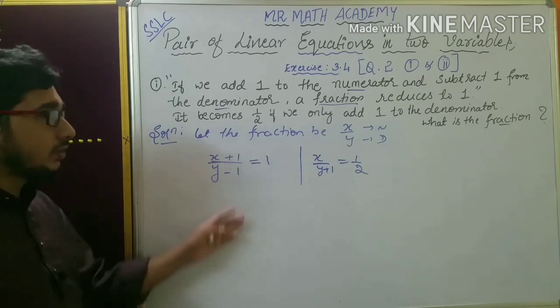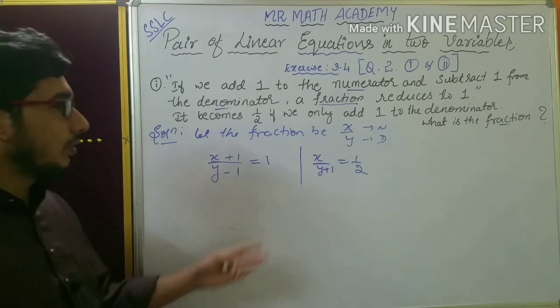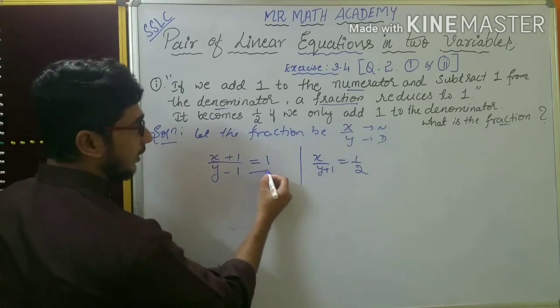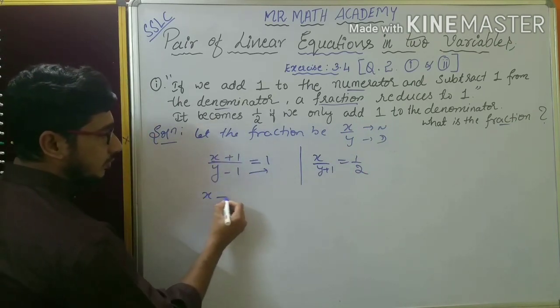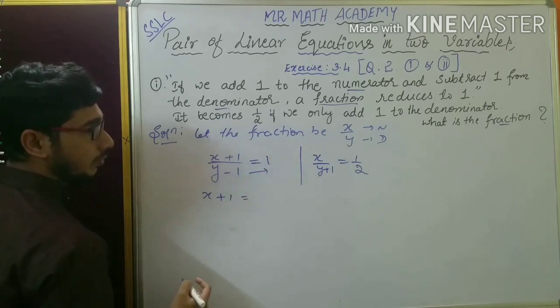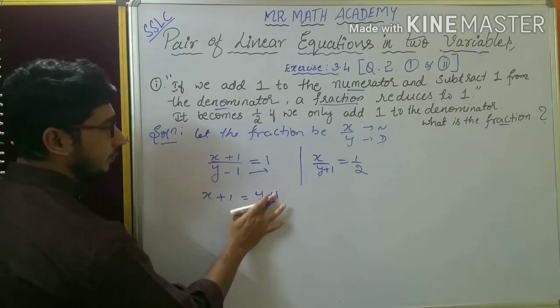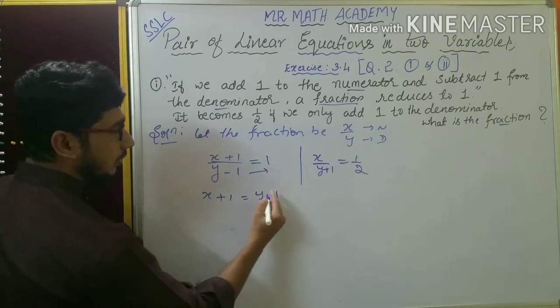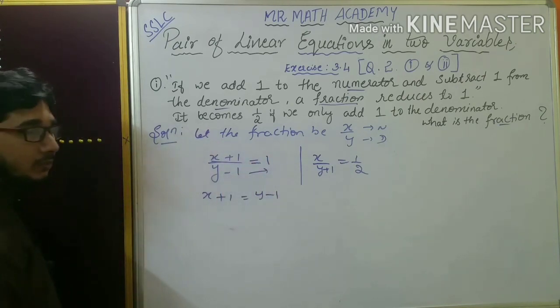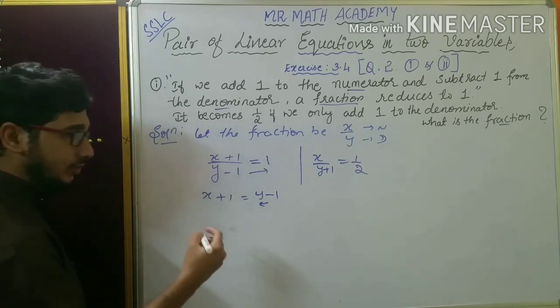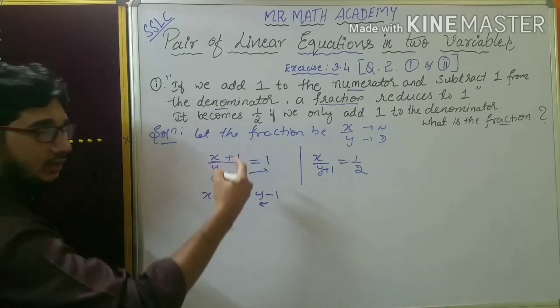If you simplify and find the x and y values, you will get the fraction they are asking for. So we will cross multiply here. x plus 1, if you multiply this one from here by 1, the same thing will come. 1 y is y, same thing. So what I will do here, I'll take y to the LHS and send the constant to the RHS.